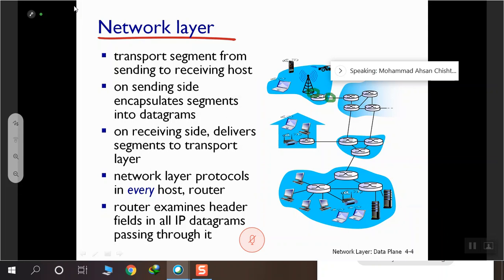How? Within the router itself there is a forwarding table that helps us in doing this. So forwarding refers to a router local action of transferring a datagram from an input link interface to the appropriate output link. Compare this to routing, the overall network wide process that determines the end to end path.